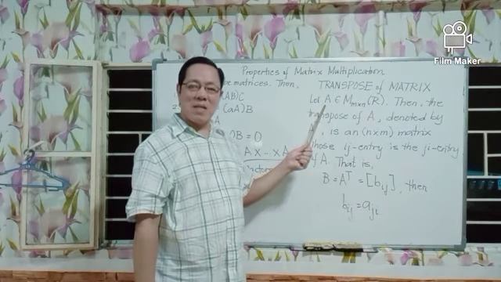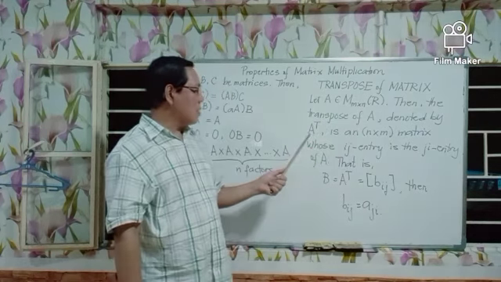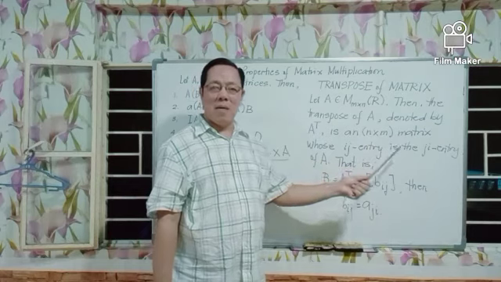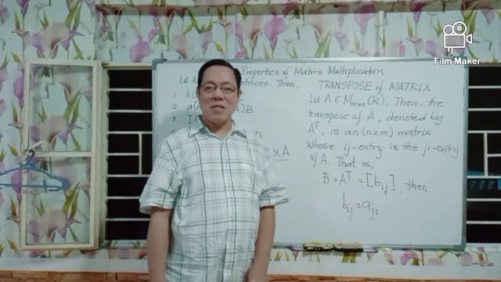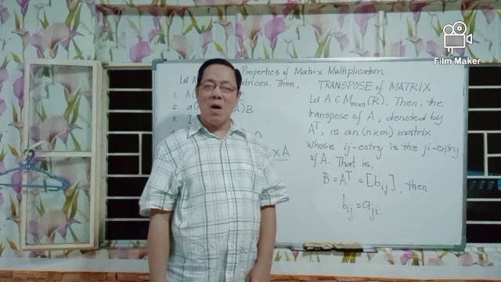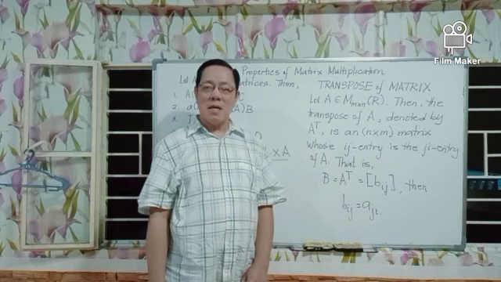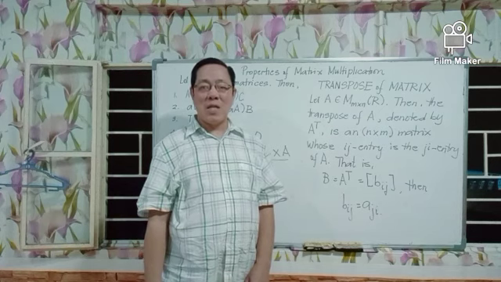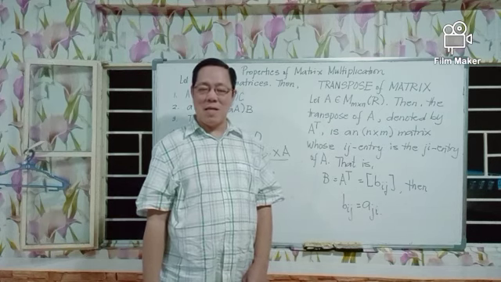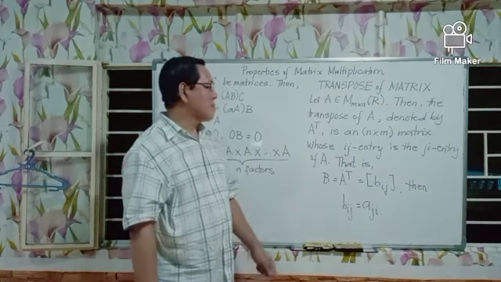Originally, the size of matrix A is M by N, and the size of its transpose is N by M. Thus, if you have a given matrix and you get its transpose, the number of rows of the transpose of the matrix is the number of columns of the given matrix, and the number of columns of the transpose of the matrix is the number of rows of the given matrix.